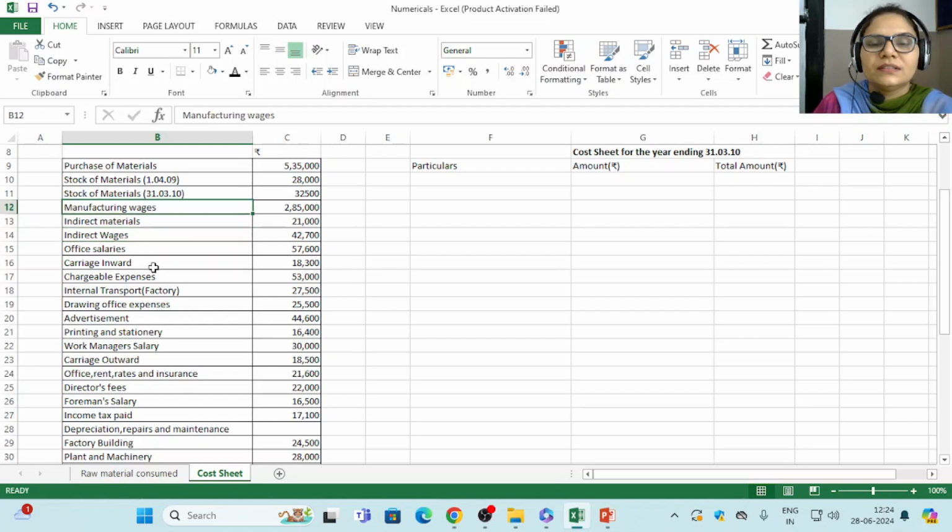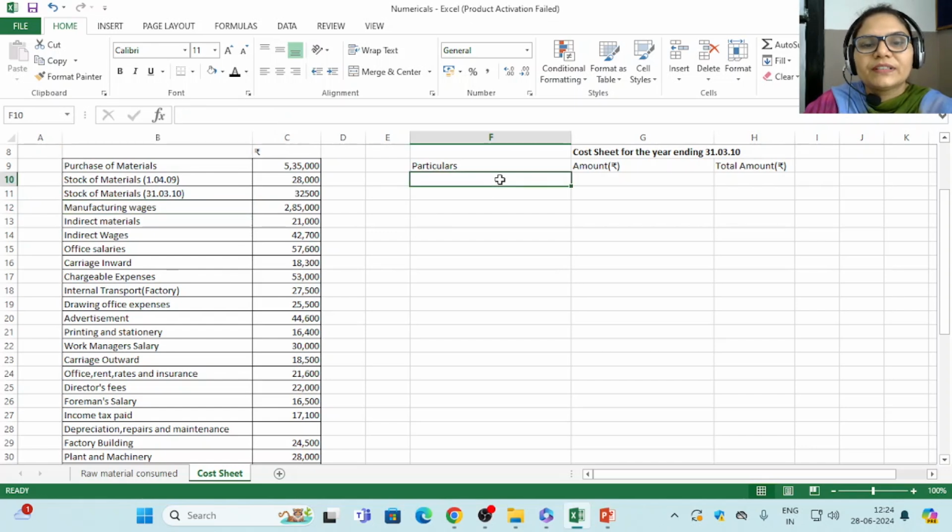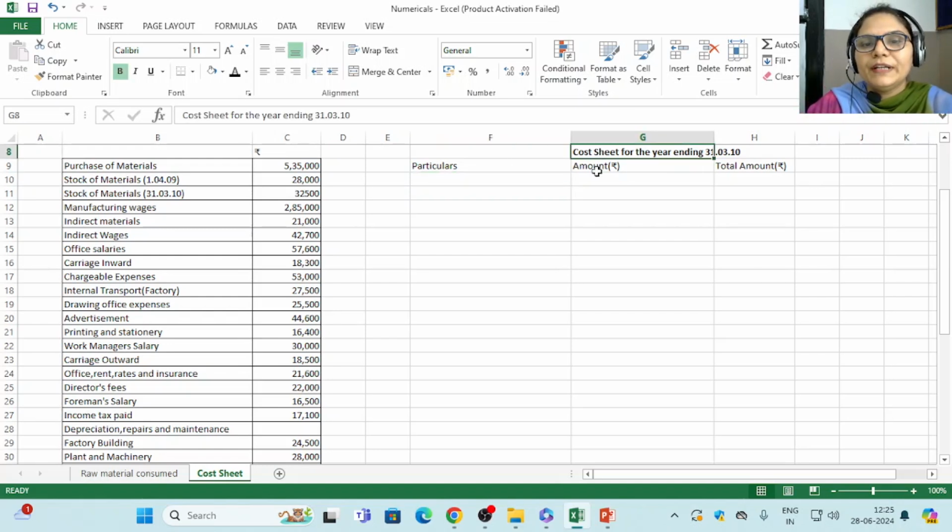Let us start. As we have discussed, the first step in solving cost sheet is to calculate the cost of raw material consumed, which you have also solved in the previous session. First of all, we will prepare a format which is being shown like this. Cost sheet for the year ending 31st March 2010.